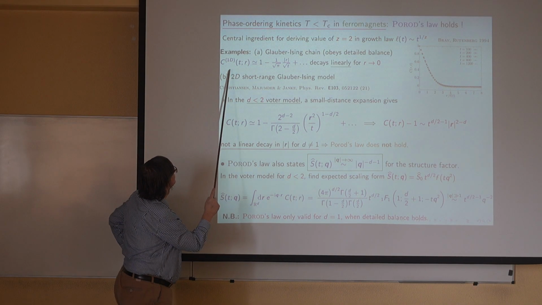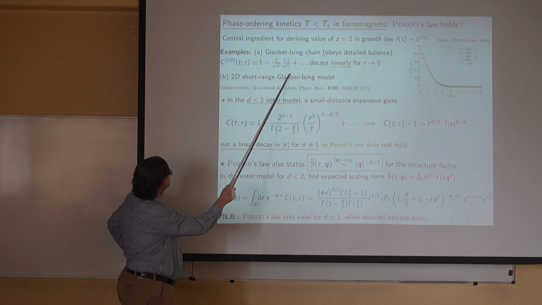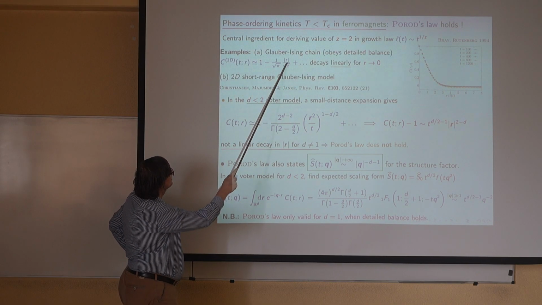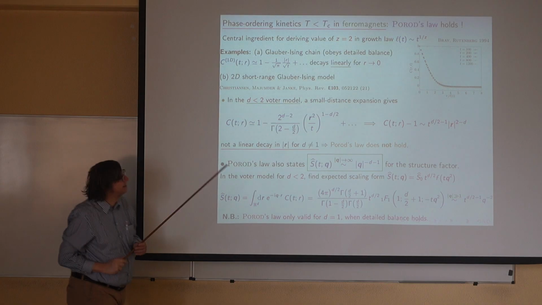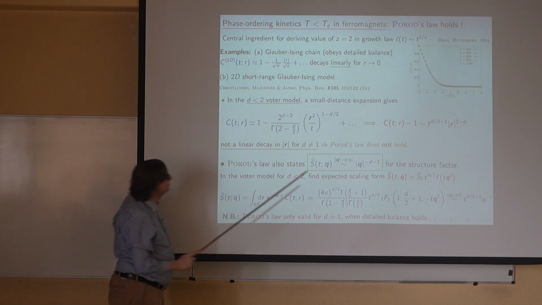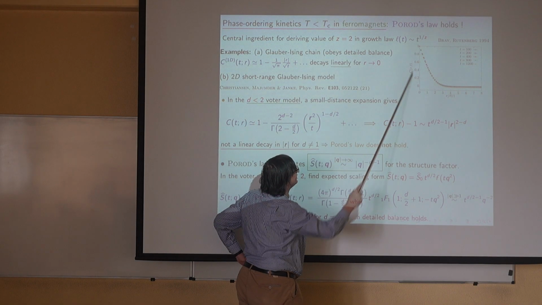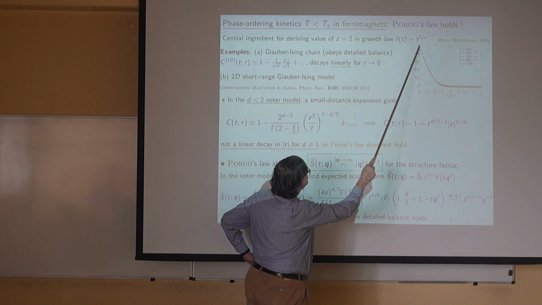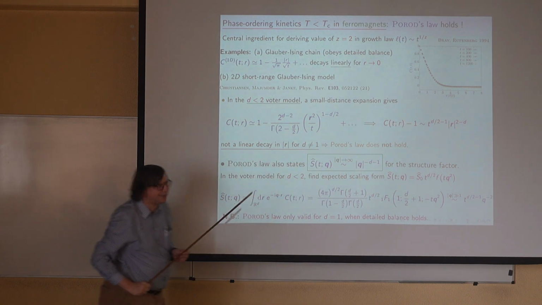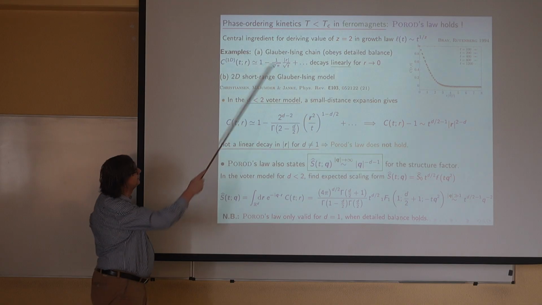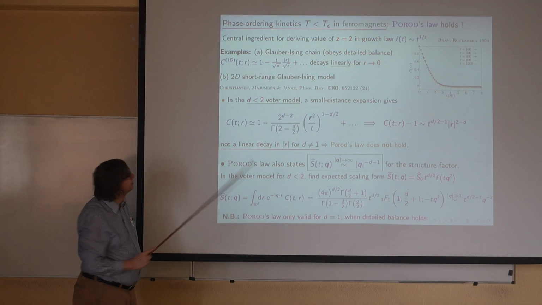For example, if you run the Glauber-Ising model, when you copy the exact solution and simply expand, you will see this, it's decaying linearly. And in the 2D case, there's actually this figure here, correlator over the distance, and you see it's decaying linearly. Okay, so for ferromagnets, it certainly is there.